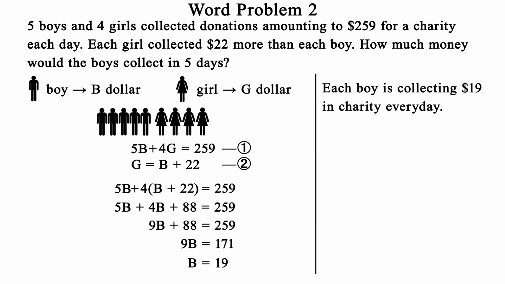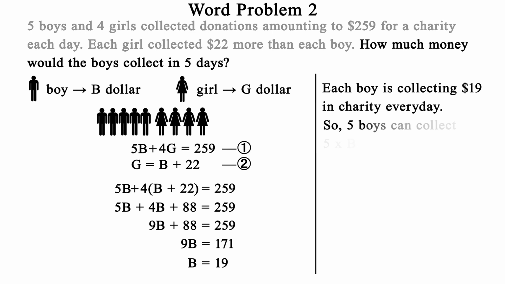Now I'm not finding out girls' one, because what they are asking me is how much money would the boys collect in 5 days. So now one boy is collecting $19 each day. So 5 boys can collect 5 times B, which is 19 times 5, which is $95 every day.